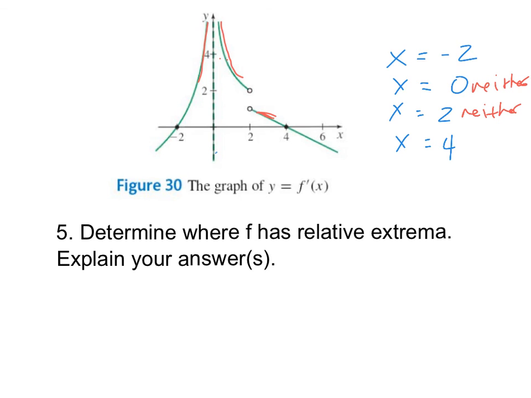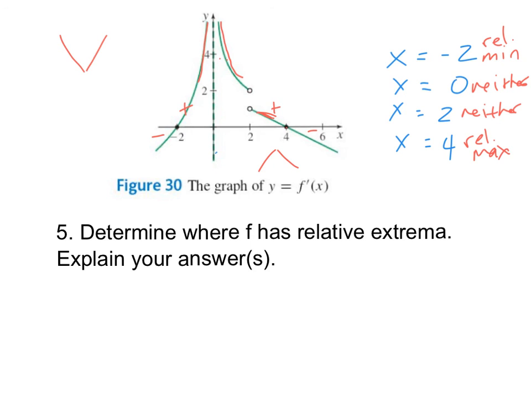At negative 2, what's happening? It's below and then it goes above. So that's decreasing and then increasing. So that's a minimum. And then at 4, it's above and then below, so that's increasing to decreasing, so that's a relative max. And we're just saying because f prime changes from negative to positive.